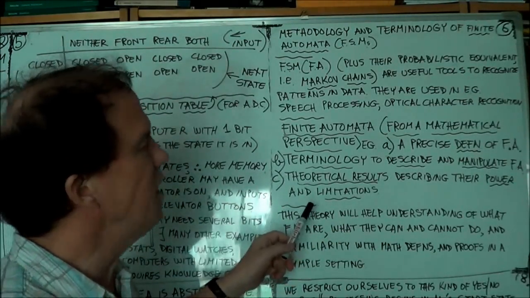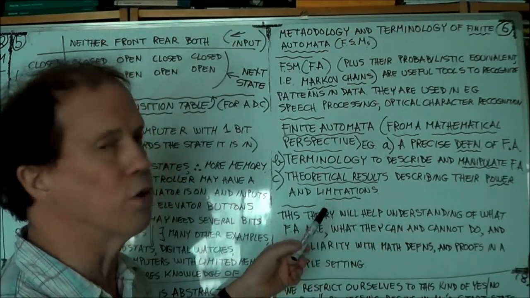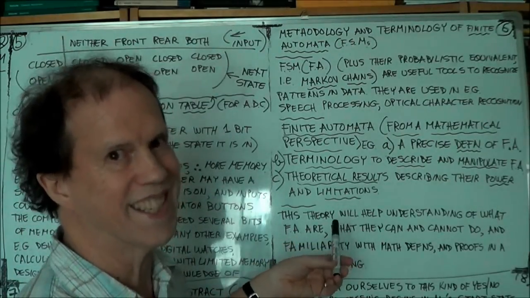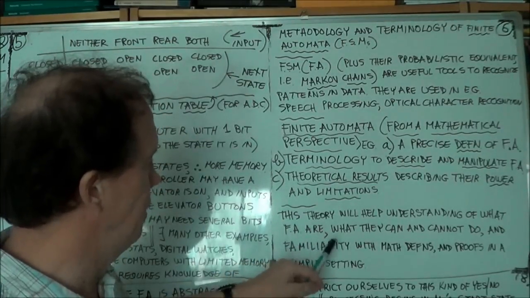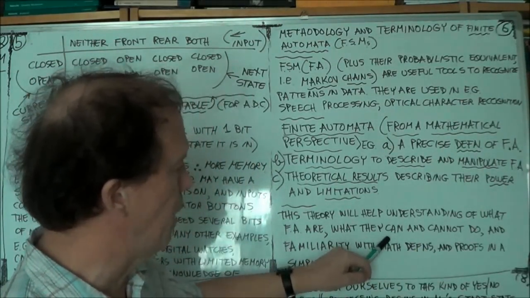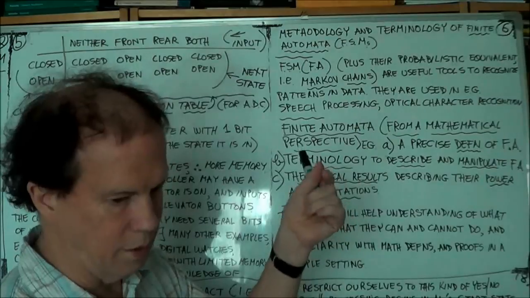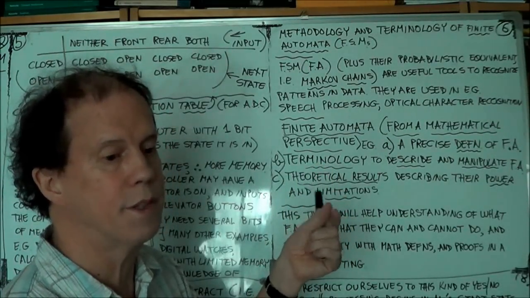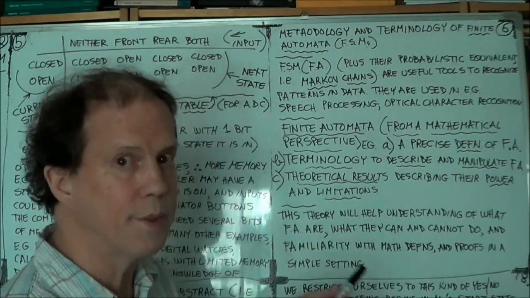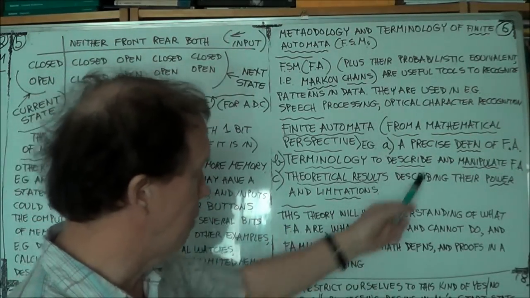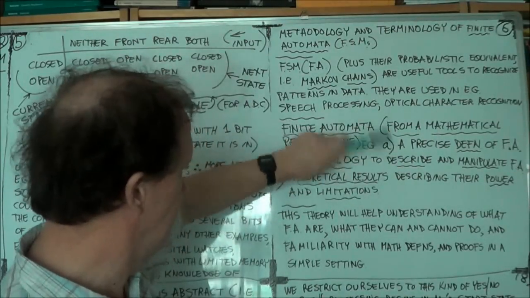So there's a sort of a summary of what is coming. So we're getting into the theory now, the full mathematical theory of what a finite automaton is, or what finite automata are. Okay. So that will give us a feel for what they are, what they can and cannot do, their power and their limitations, and just by playing with, for example, state diagrams, in other words, state transition diagrams, state transition tables, stuff like that, and with the definition of finite automata and various proofs, using these.